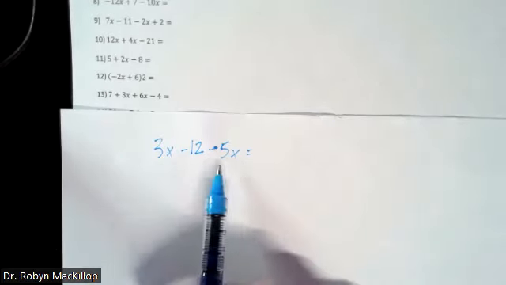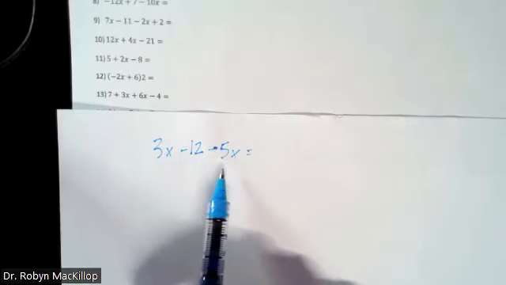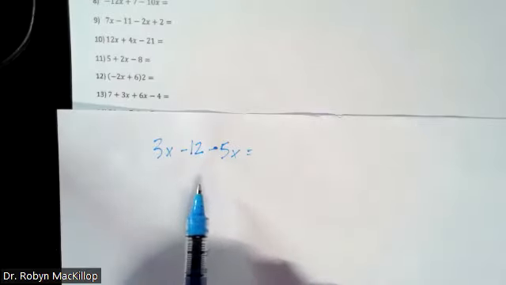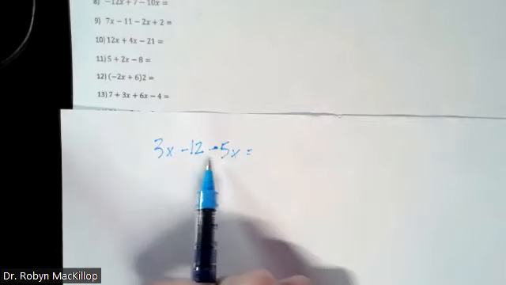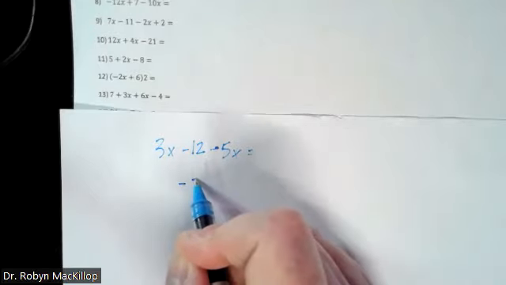So we're going to combine like terms. 3x minus 5x. You can do the arithmetic with those because they have the same variable. So 3x minus 5x is -2x.